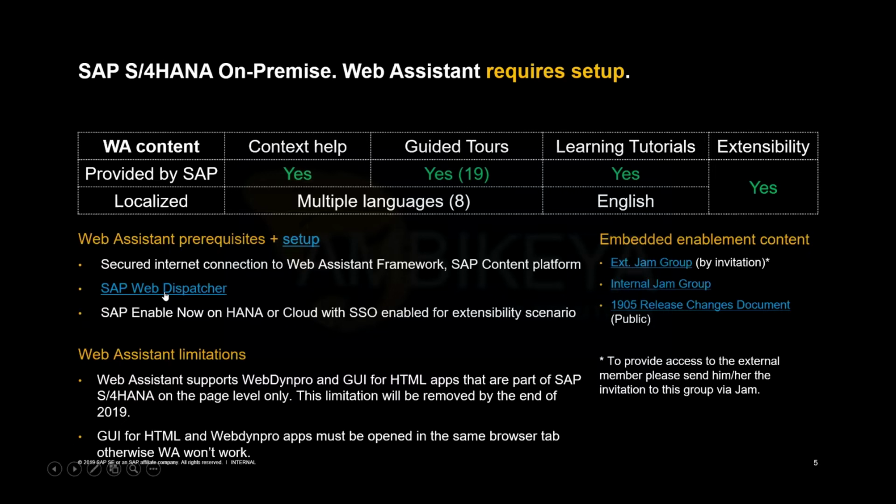Still, you can breathe a breath of relief knowing that this implementation process is being simplified. This will be a major improvement for our S4HANA on-premise customers. The need for the web dispatcher is being eliminated, and the setup of Web Assistant will be much more straightforward, similar to the way it is for other cloud platform products.